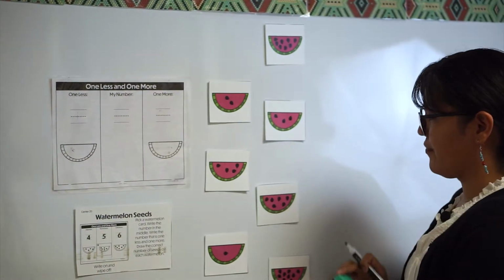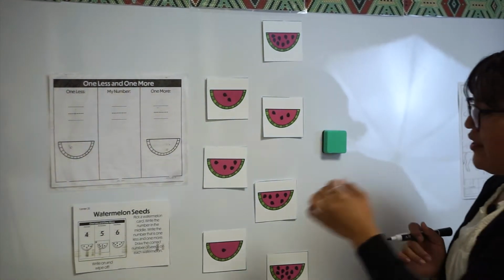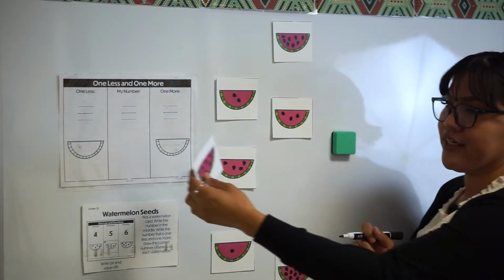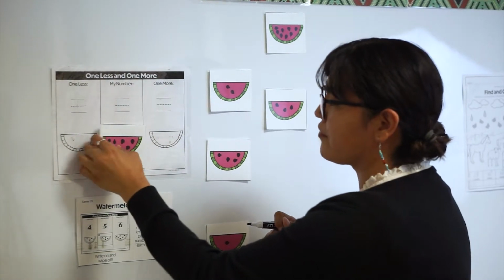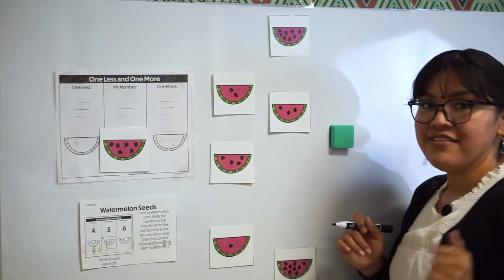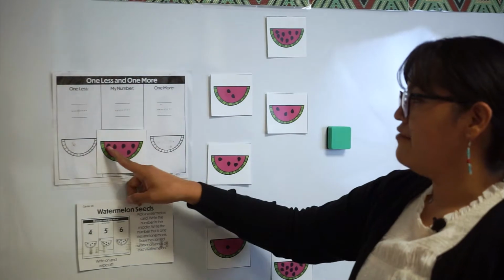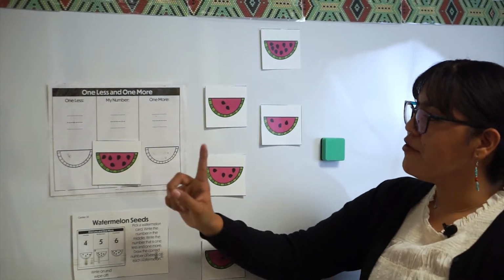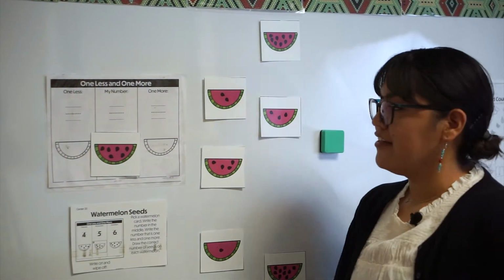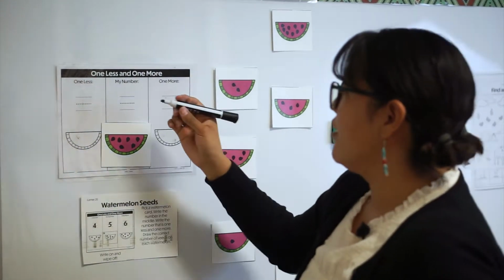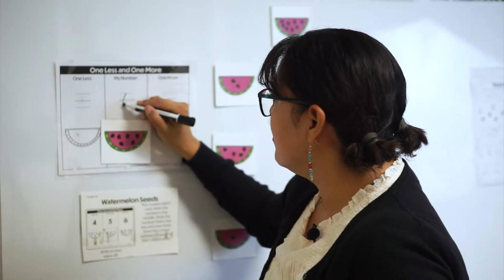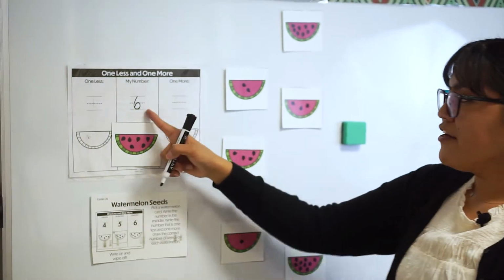Okay, so let's look at this card. I'm going to place this card in the middle. Let's count the watermelon seeds on this card. We have 1, 2, 3, 4, 5, and 6. 6 watermelon seeds, so we're going to write the number 6 right there.